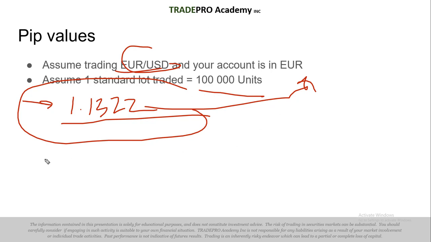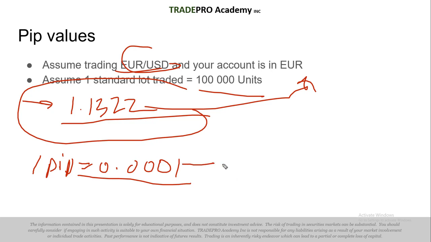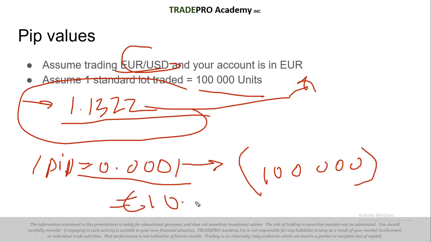So the way we'd go by this is 1 pip is equal to 0.0001, and you would just multiply the pip value times the size of the lot that you have. So 1 pip movement would equal 10 euros per movement in your position size.